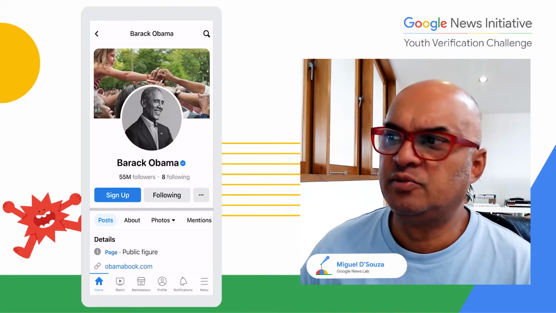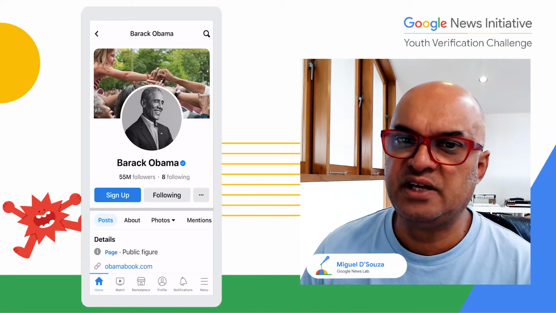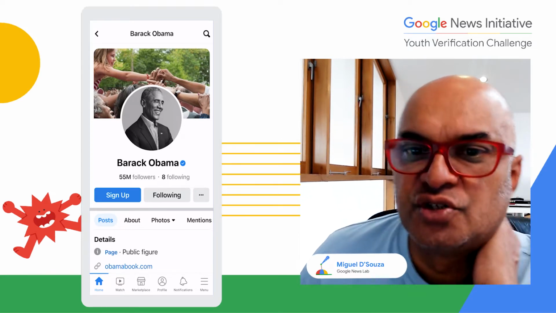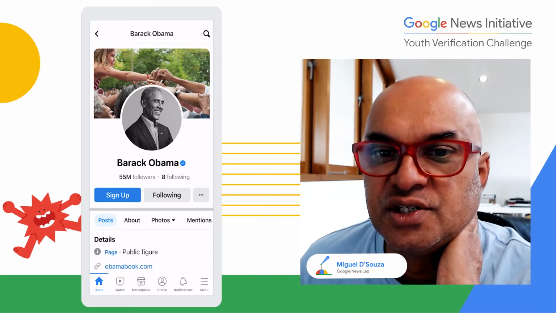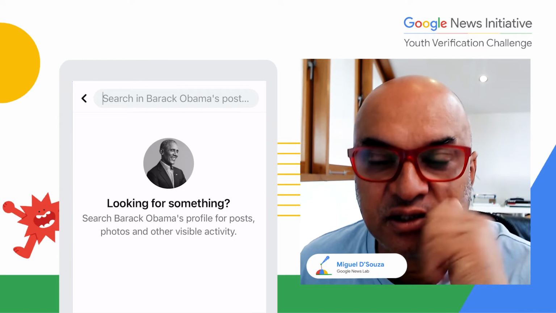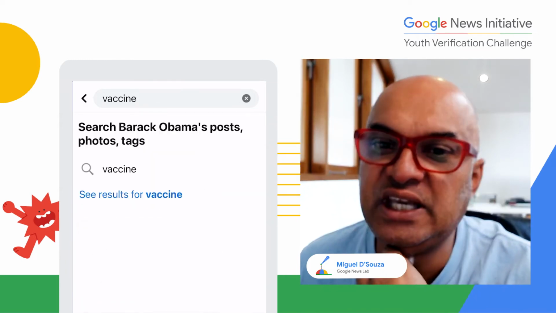Now, previously we talked about using Google search operators to find public Facebook groups and pages. On the native Facebook app, you can also search within a group or page. For Facebook pages, you'll need to tap on the three little dots and select Search Page, then type in your keyword.